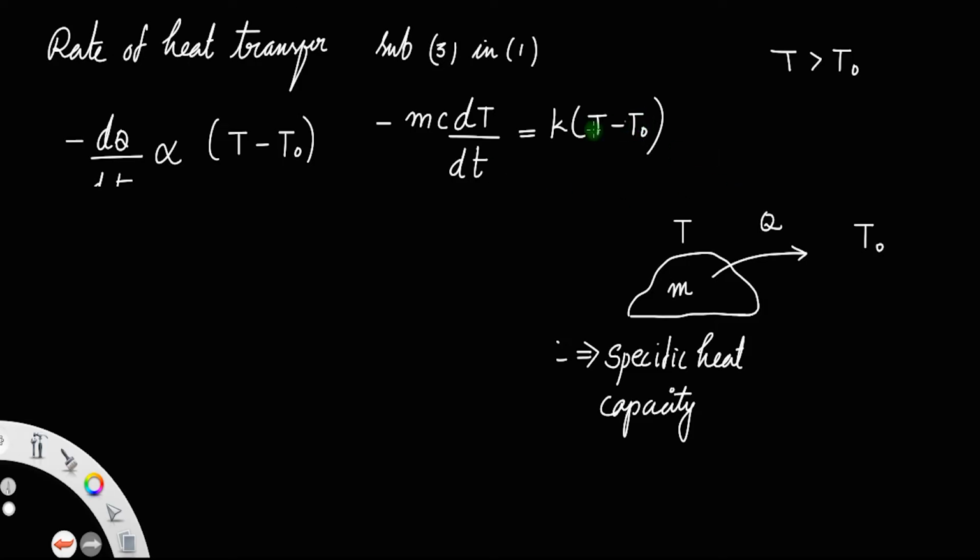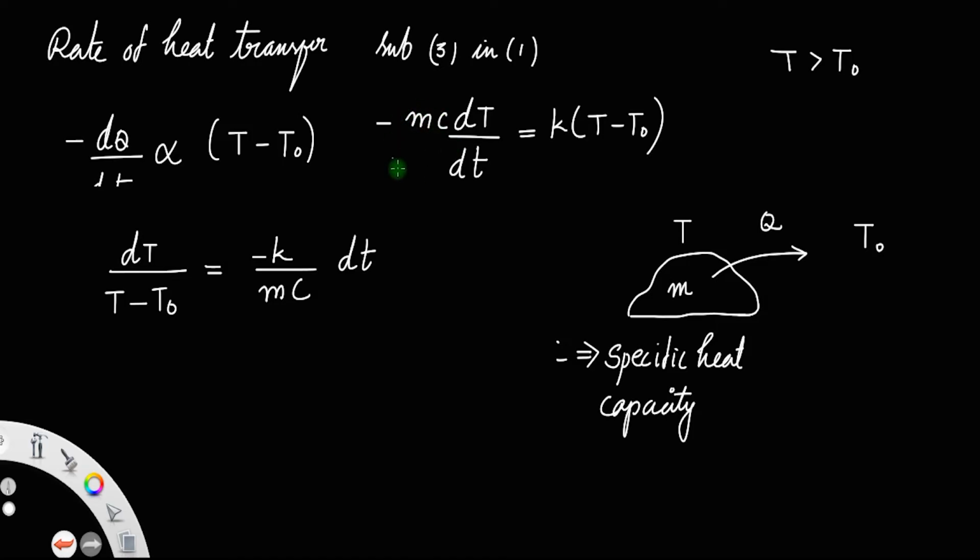taking this T minus T0 to the left, you get dT by T minus T0 is equal to, taking all these terms to the right, minus k divided by mc dt. Clear?